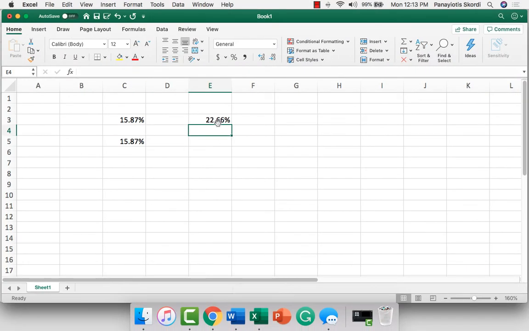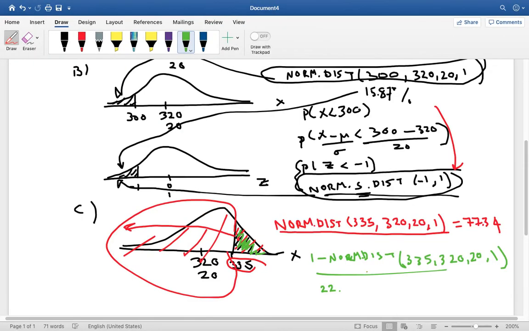When you look at a question, if a question asks for 2 decimal places, that's fine. If it asks for 3 or 4, you can actually just change it by pressing this key up here. You can change it to 1 decimal place. Takes out the guesswork. So let's put 22.66% if it's to 2 decimal places. There you go. That's how you do that.